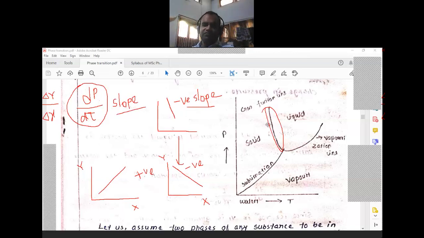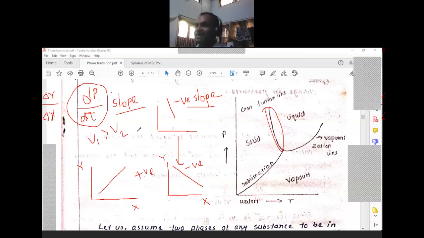Therefore, for this plot, dP over dT will be the slope. This fusion line or fusion plot has a negative slope, and therefore it looks like this.